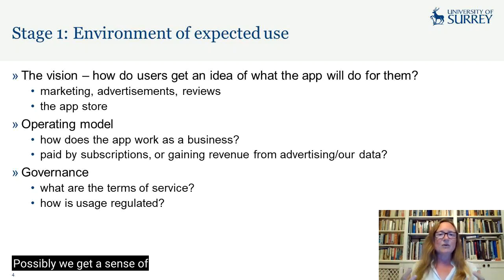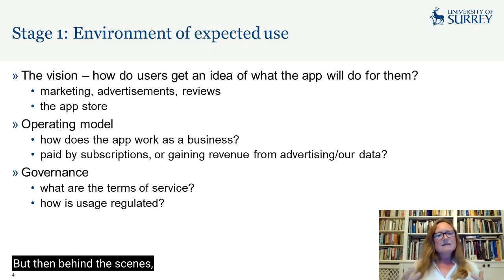We get a sense of how it might fit in with our specific goals and identities and ideas of what we want to do. So there has to be some kind of alignment with us at that moment where we believe this app is for us. And these kind of prior materials help us to get to that point.